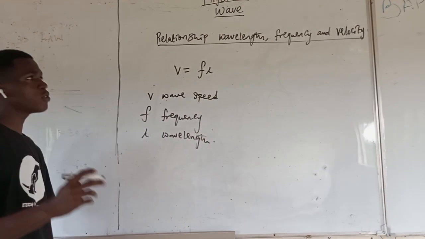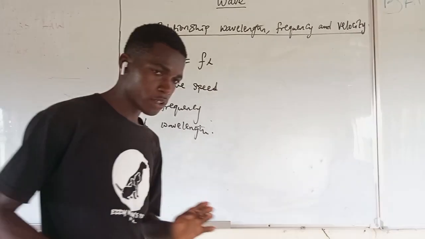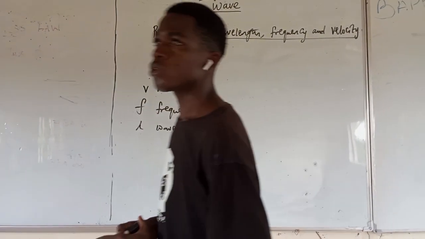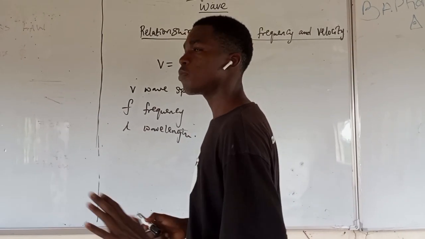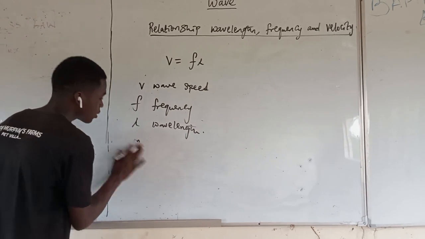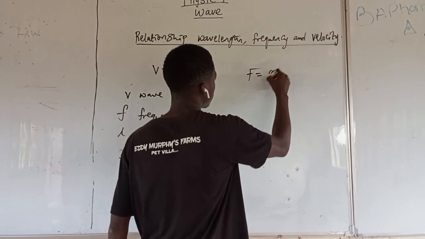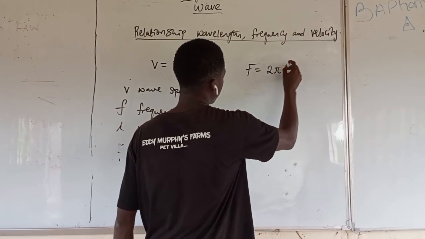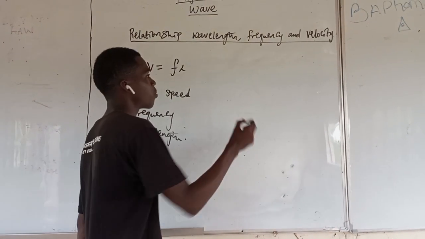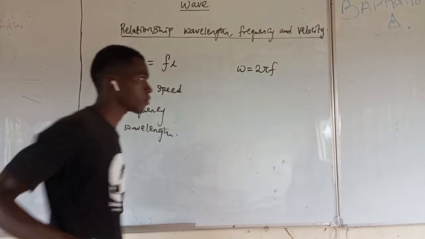So in the next class, we'll be doing more calculation on this topic. But before I go, let me drop another formula that you need to know. Remember when you were doing simple harmonic motion, we said that omega is equal to 2 pi F, right?